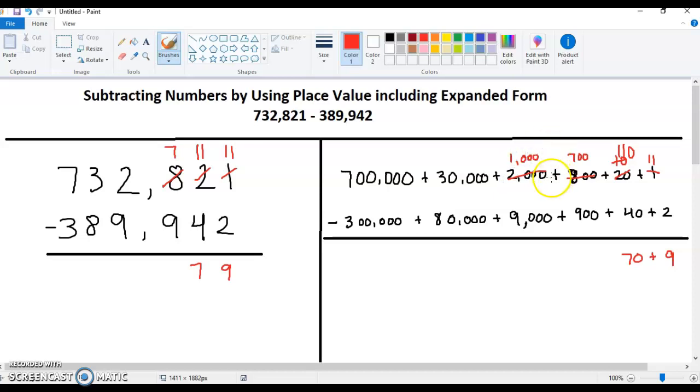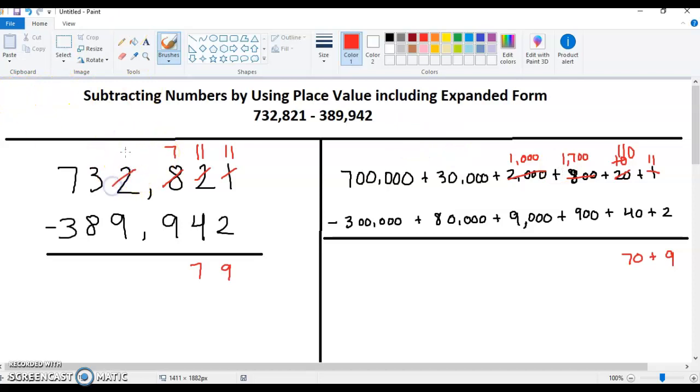Now that set of 1,000 represents 10 groups of 100. So you had 1,000, or 10 groups of 100, plus 700. So that's 1,000 plus 700. That's going to give you 1,700, or 17 groups of 100.